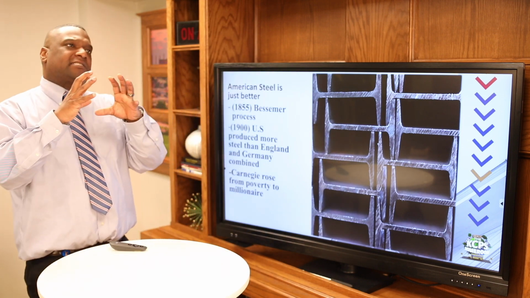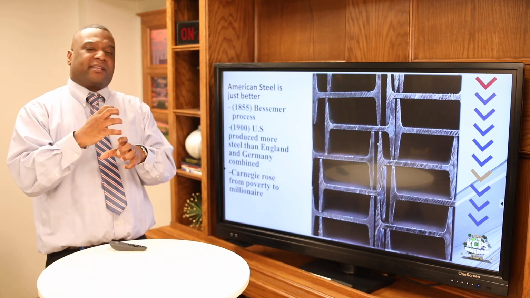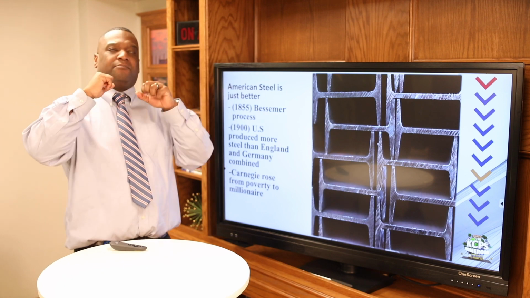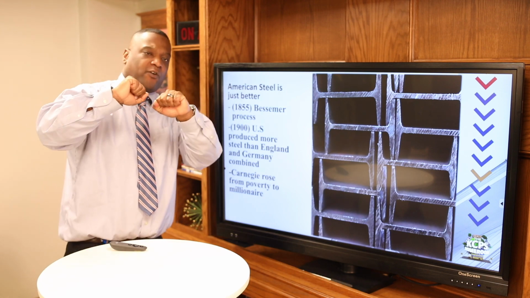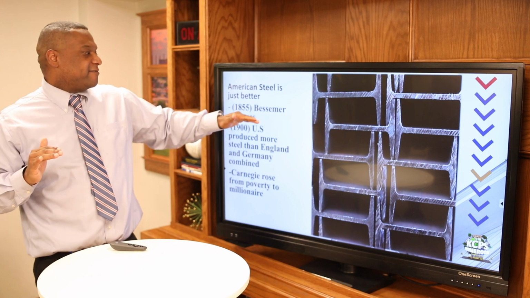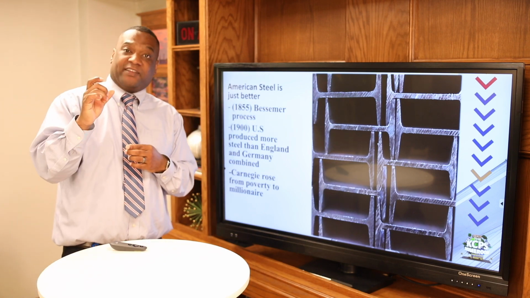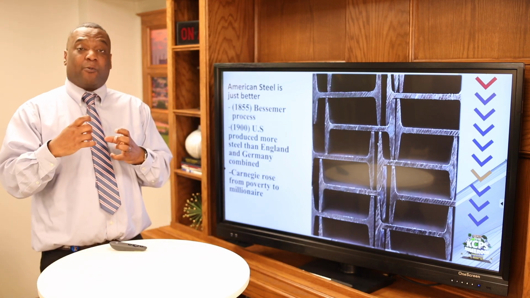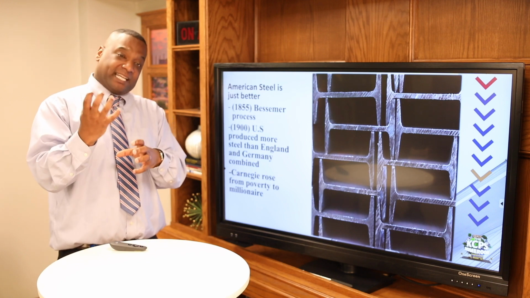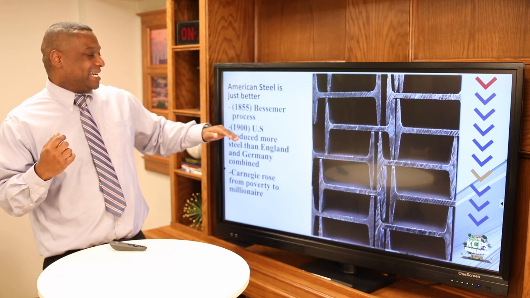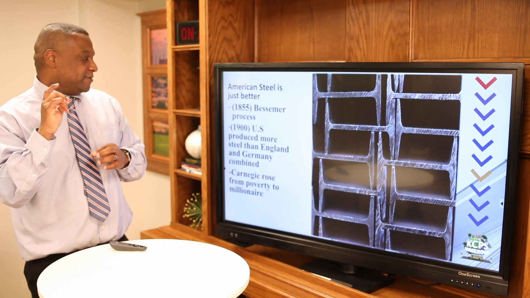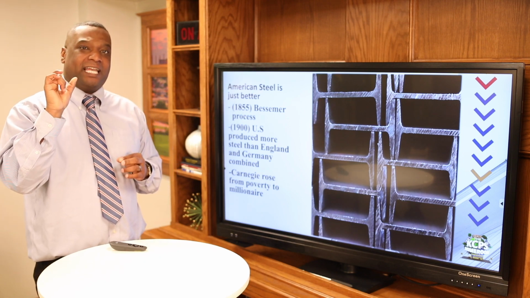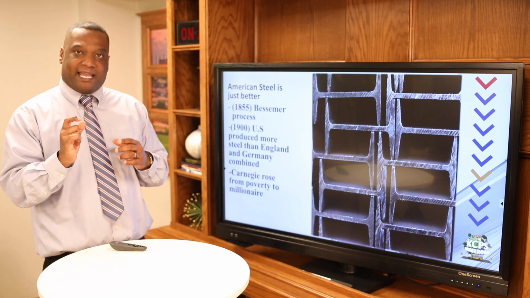The big thing I want you guys to take from this is that American steel helped push this technology age forward. In 1855, Henry Bessemer invented the Bessemer process, a cheaper way to make steel. By 1900, the U.S. produced more steel than both England and Germany combined. Think about that.